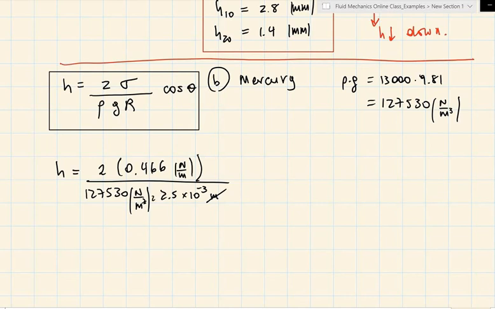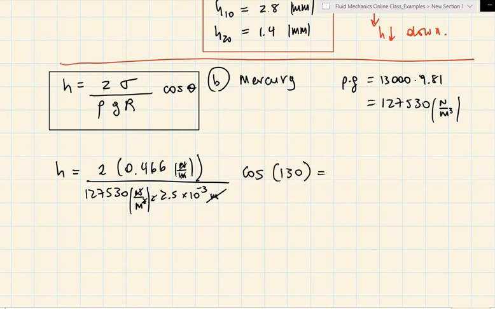This meter over here goes with this meter. Newtons go with newtons. And we multiply everything by cosine of 130.